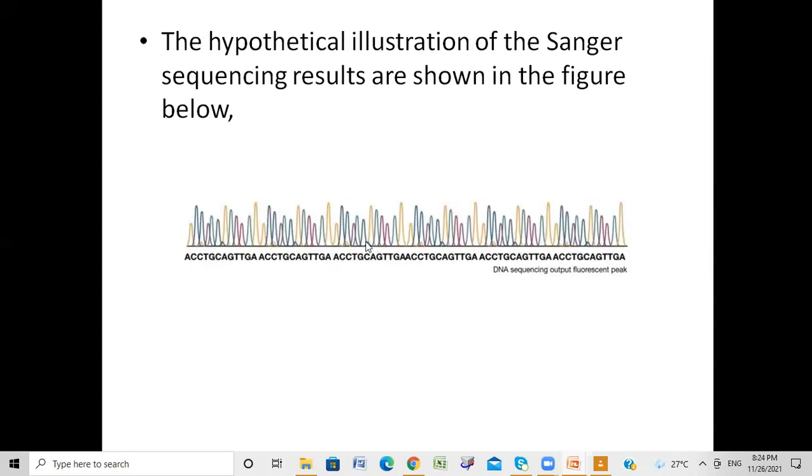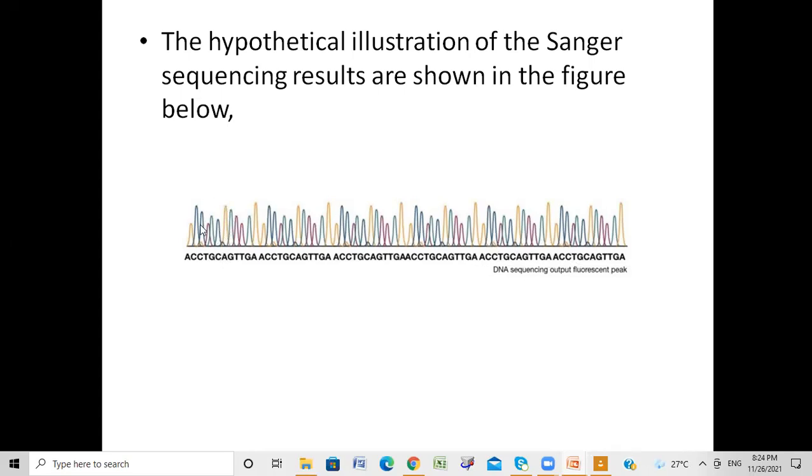In this hypothetical example you can see the A, and when the peak goes up, this is for 2 C's, then a small peak for T. Here they have shown only single and 2 times.